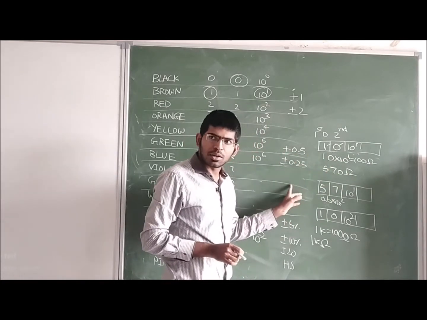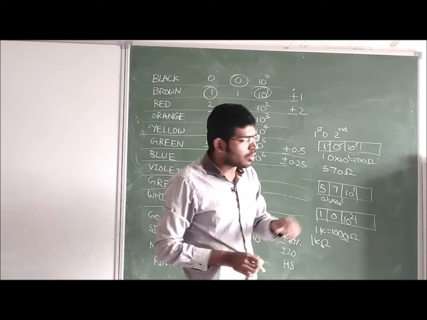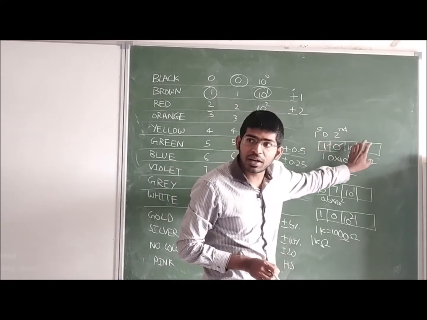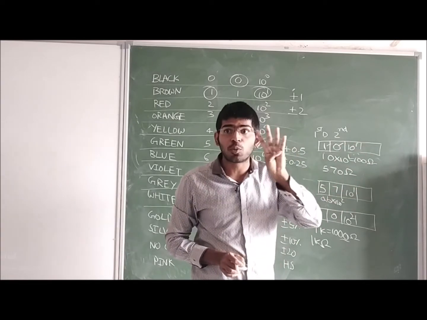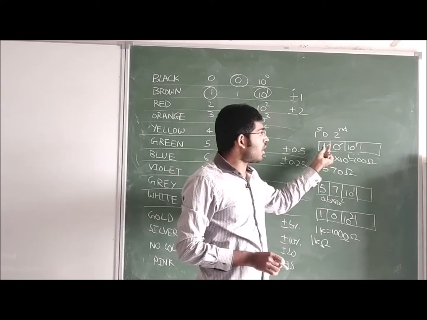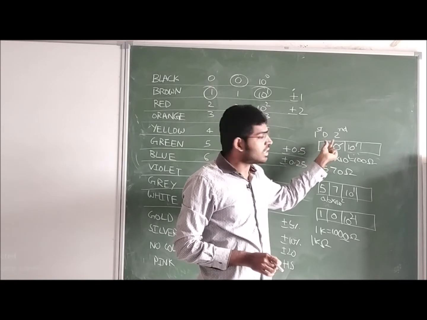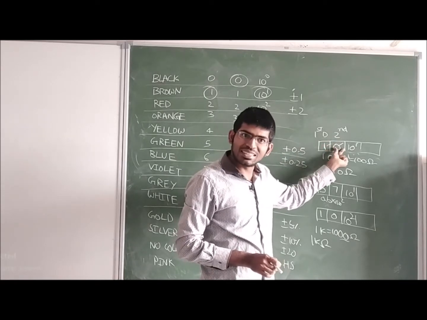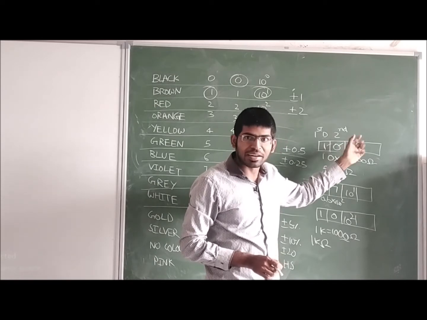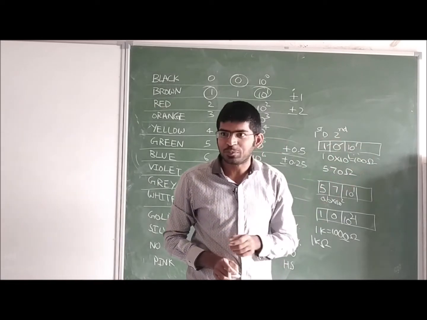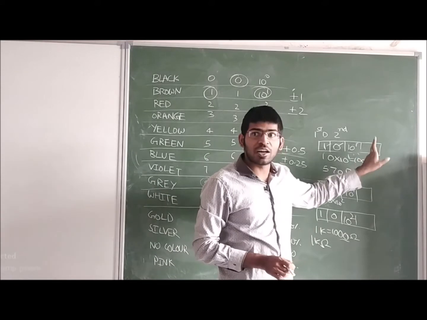Now again we are discussing, first of all we have taken a 4-band resistor. For these 4 bands I have considered 4 boxes. First box is for the first digit, second box is for the second digit, third box is for the decimal multiplier or number of zeros we have to add, and the fourth box is for tolerance.